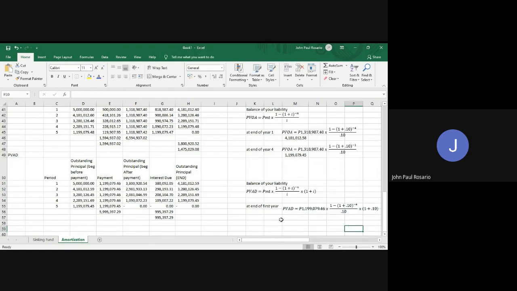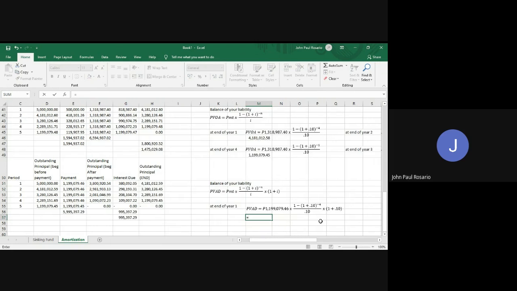Okay. So with that, at the end of year one, our value is 1,199,079.46, and we multiply that by our table factor, so raised to the power of -4.